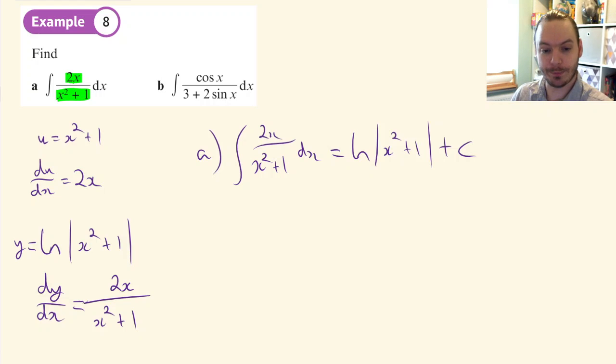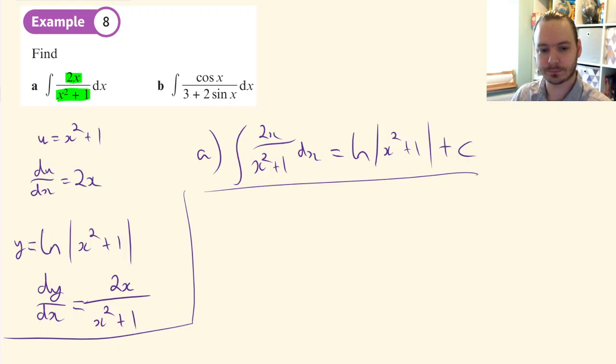Okay, part B, I have cos x in the numerator and 3 plus 2 sin x in the denominator. So sin x does differentiate to cos x, so they look similar, but they're not quite exactly the same this time.